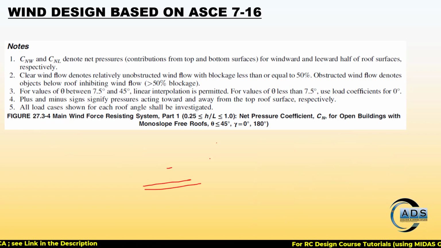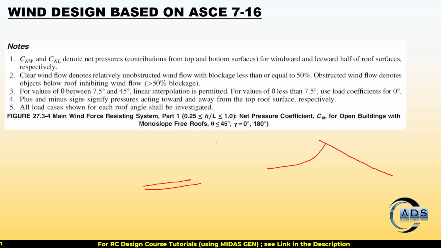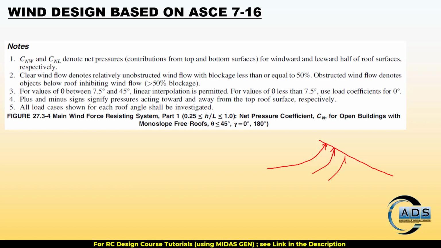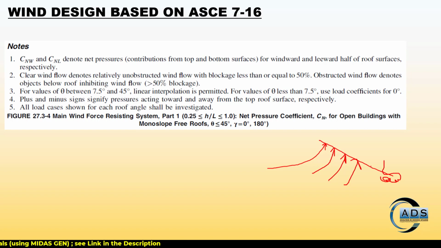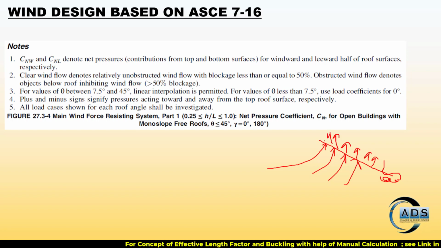Let's say this is a structure. When wind is blowing in this direction, it will hit the structure like this, and the vortices go there and uplift the structure on the upper surface as well. So there is a bottom surface and an upper surface.